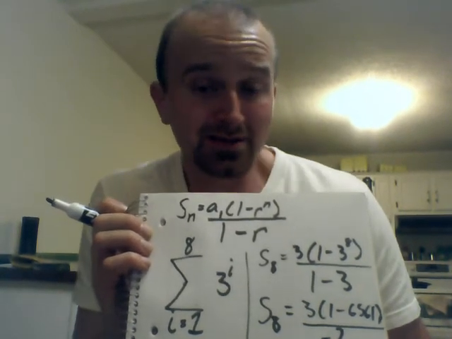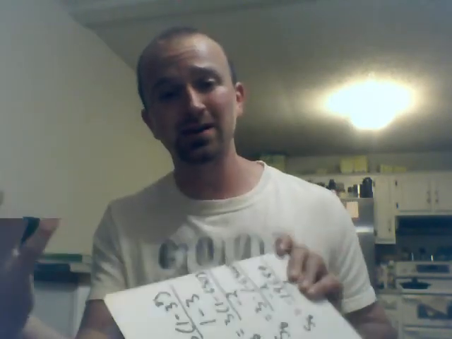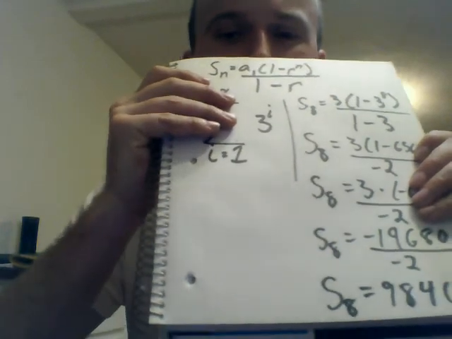If you need to pause it or rewind it, that's totally fine. And of course, I'm just going to divide that number by negative 2. That leaves me with S sub 8, the sum of the first 8 terms, which is 9,840. Okay, guys?